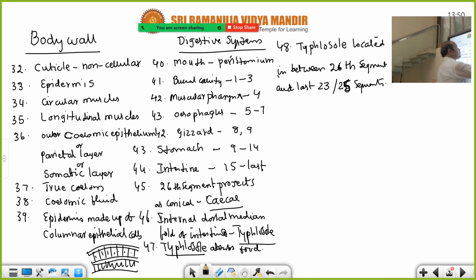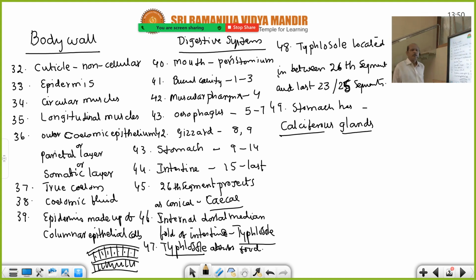Carefully remember. Now the stomach contains calciferous glands. Stomach has calciferous glands. What is the function of these most important glands? Calciferous glands are located in the stomach of cockroach, humans, frog, Pheretima. Answer must be Pheretima.